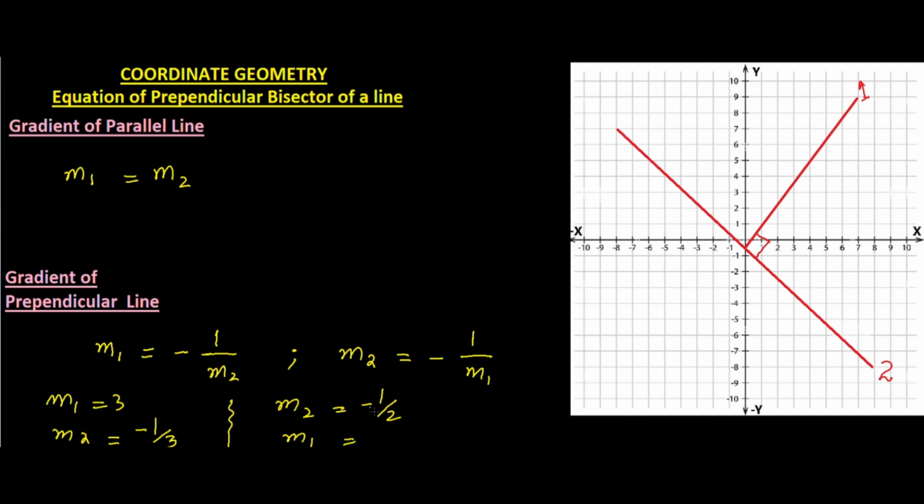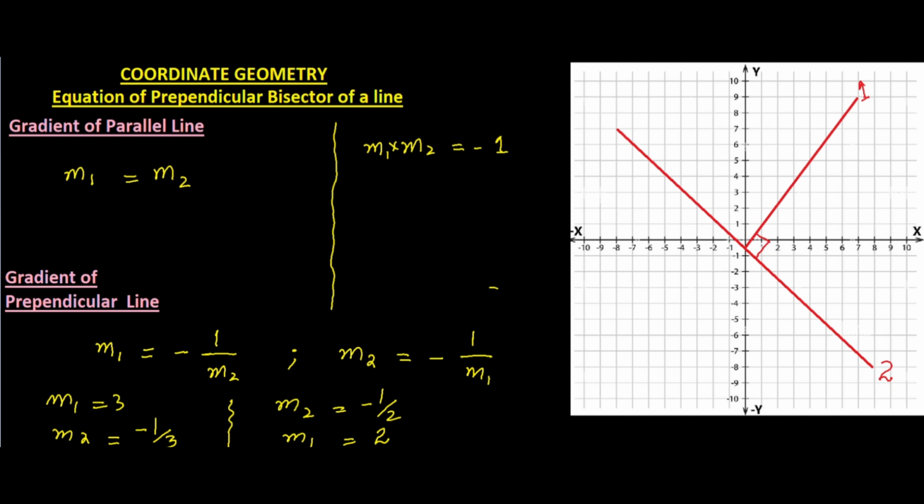So the negative and this negative becomes positive, and the reciprocal of 1 over 2 is 2 over 1. So the gradient of line 1 will be 2. Or you can also say that when two lines are perpendicular, the product of their gradients is always equal to minus 1.